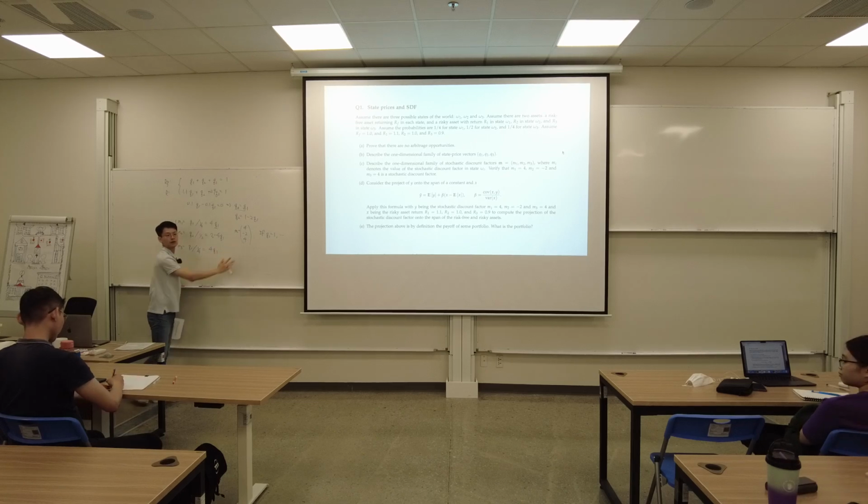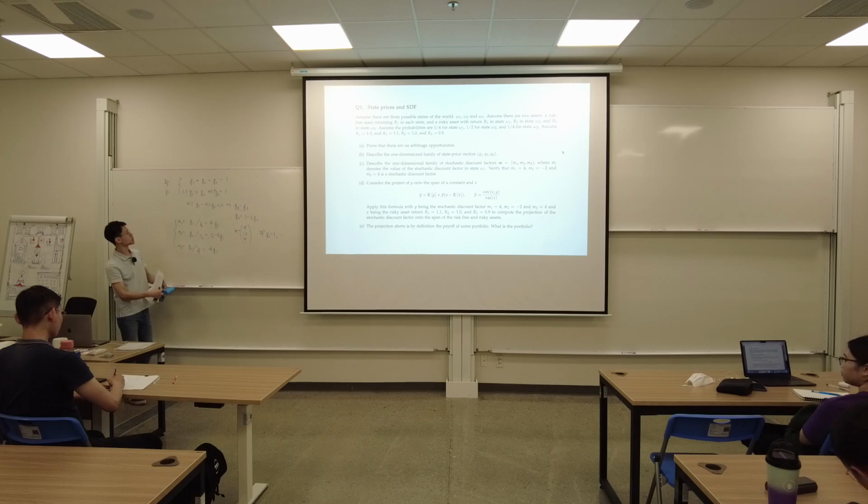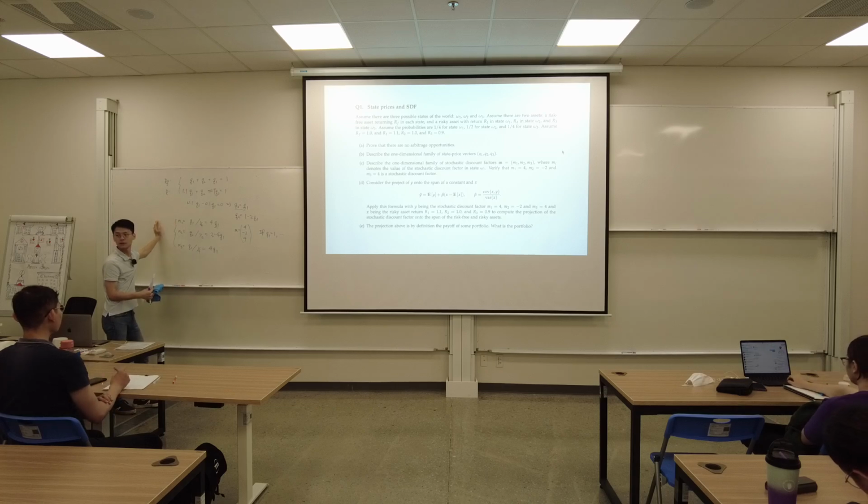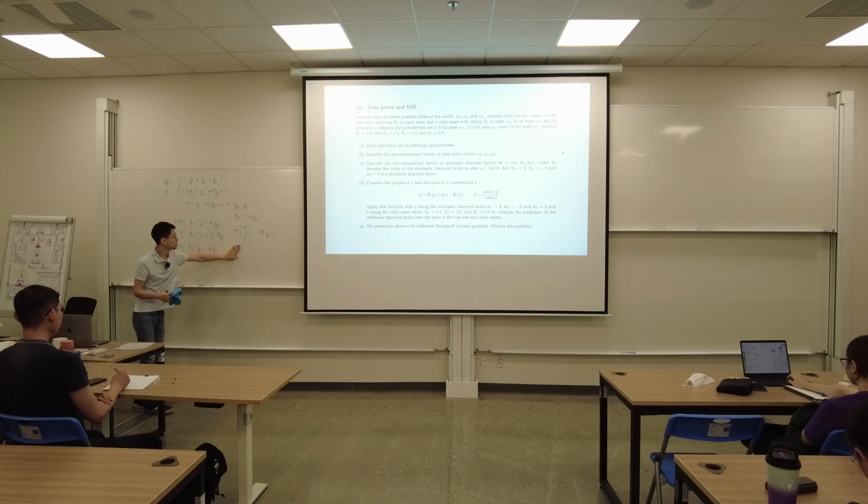Okay, so now here's the question. In part A, we showed that there is no arbitrage, and here we find an SDF that can be negative. So what's wrong here?